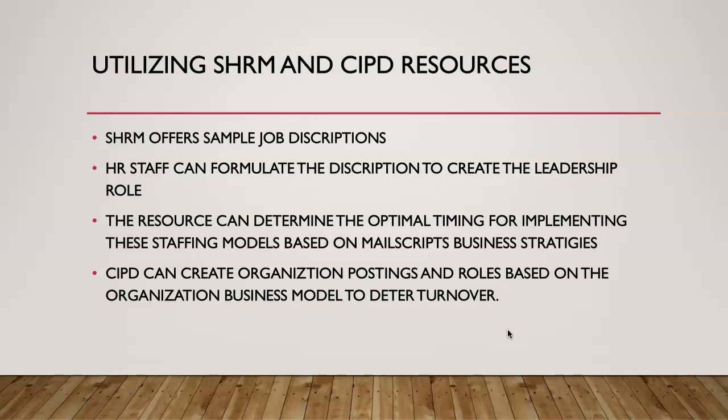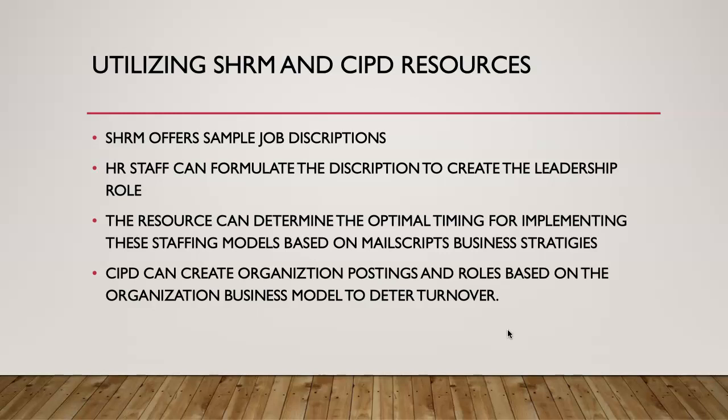HR staff can formulate the description to create the leadership role. The resource can determine the optimal timing for implementing these staffing models based on MailScript's business strategies. So you can plug in a strategy, how to grow your sales team, and basically SHRM would be able to tell you when you need to hire and who you need to hire based on the timing of the strategy of implementing the sales role.